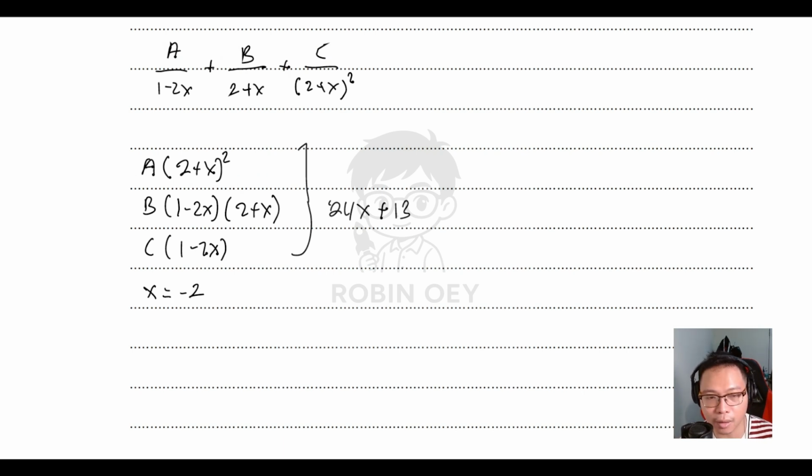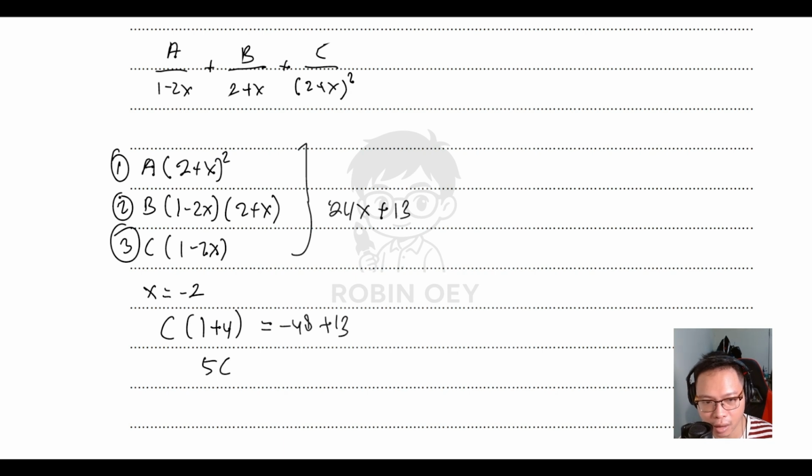For x equals -2, the first and second expressions would be 0. So C times (1 plus 4) equals -48 plus 13. So we have 5C equals -35 and C equals -7.